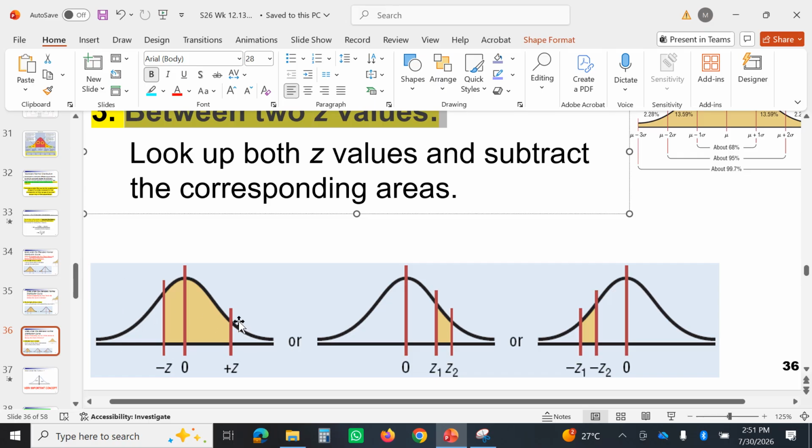And here I have a positive Z value because it's on the positive side. And I want to know the area under the curve, or the probability, between that Z and that Z. And then I've got this one right here as well. Here I have negative Z1, negative Z. I want to know the area in between there.